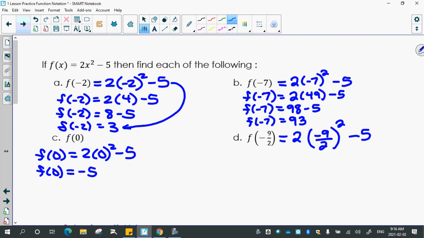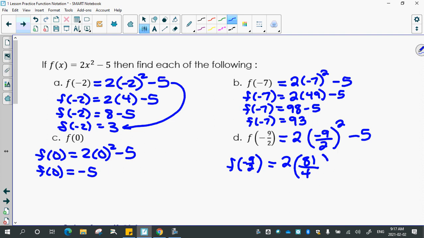So then we're going to follow BEDMAS, which means we're going to square this fraction first. So you have to remember, when you square a fraction, you square the top and you square the bottom. So -9 squared is +81, and 2 squared is +4.